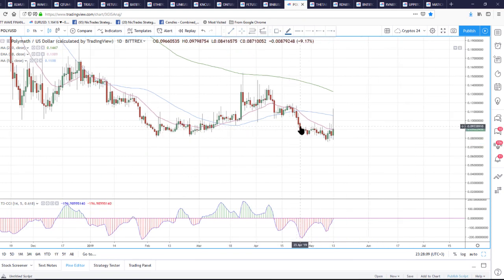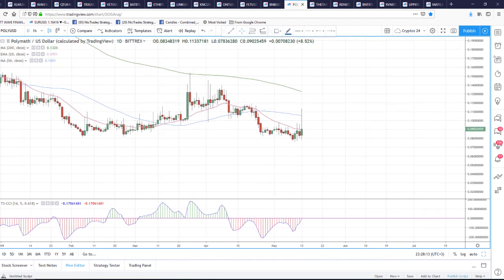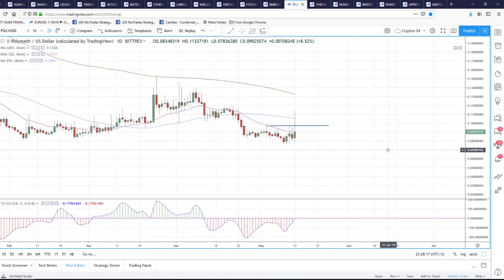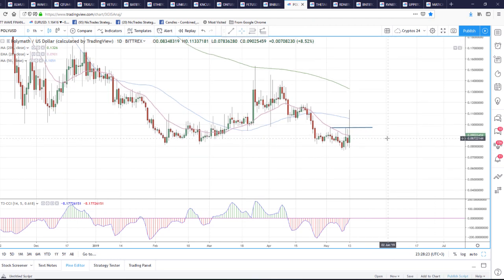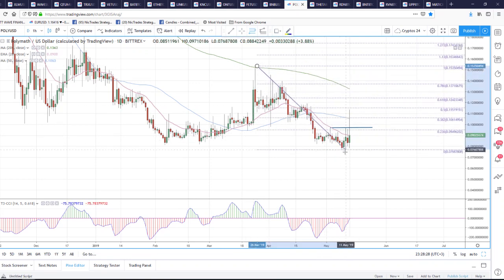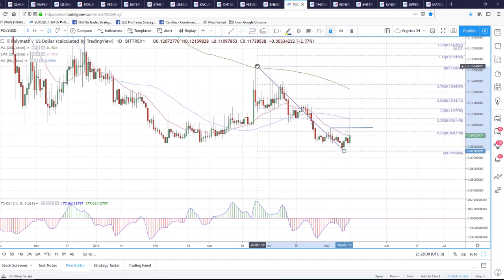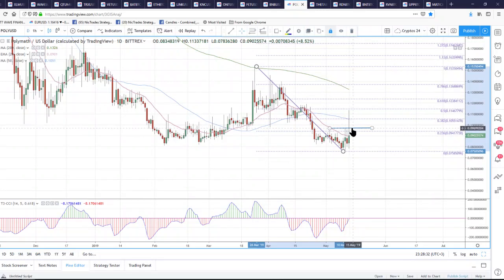So if we look at this resistance, we really need a close above 0.09 maybe, or let's stick with the 236 fib retrace level, which is a little bit lower. That would be a better confirmation.